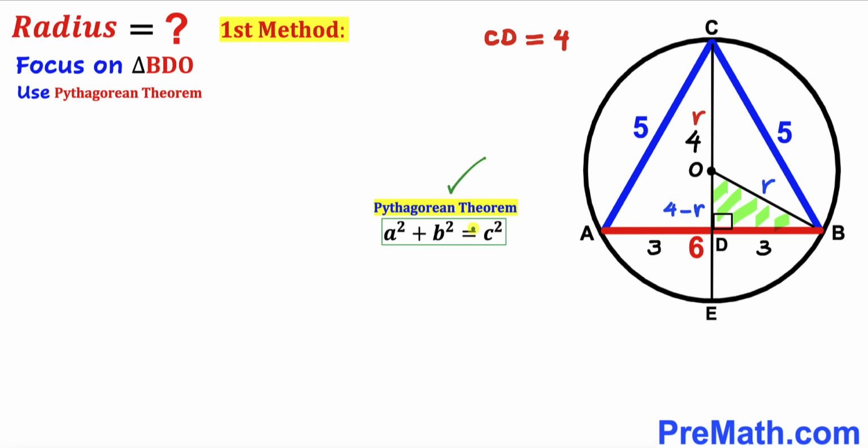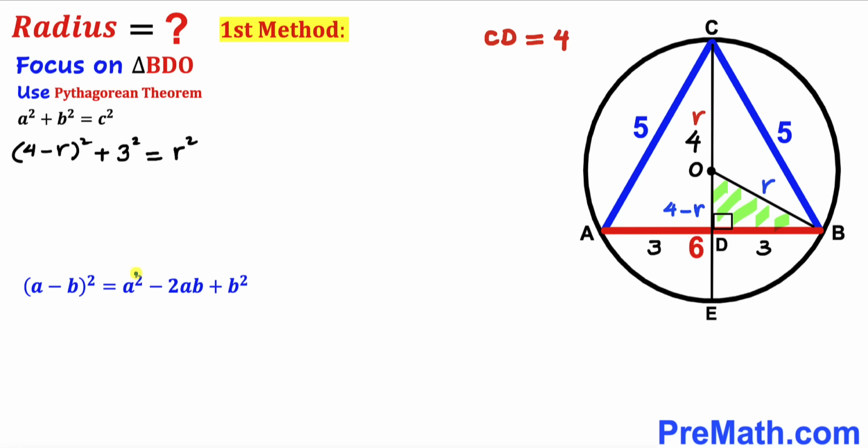Here's our Pythagorean theorem: a squared plus b squared equals c squared. In our case, our hypotenuse is r, whereas our two other legs are 4 minus r and 3. Let's fill in the blanks in this formula. So we get (4 minus r) squared plus 3 squared equals r squared.